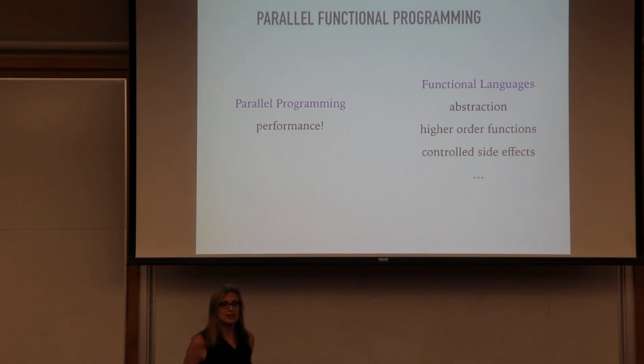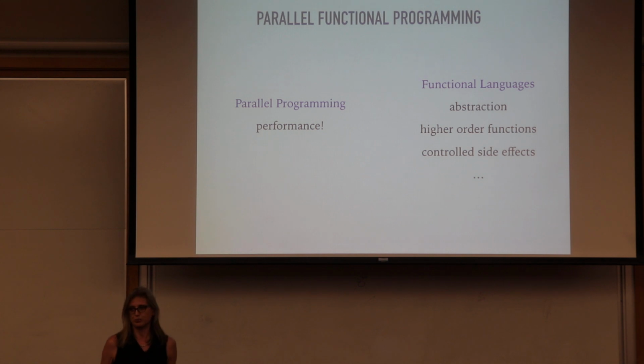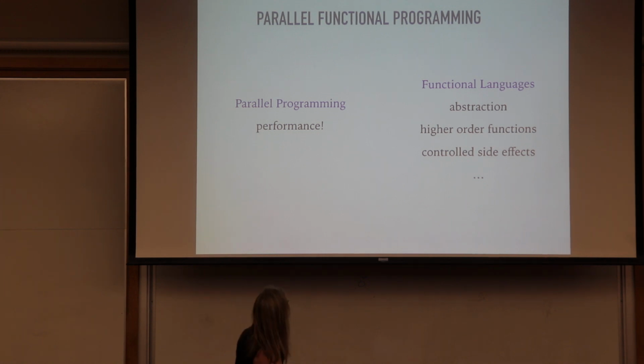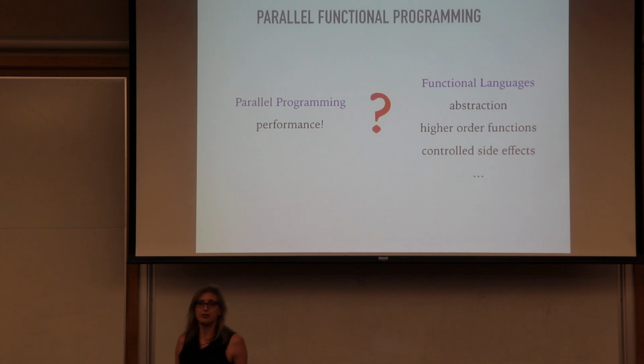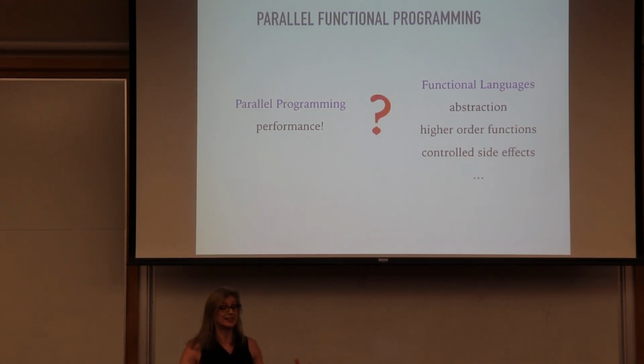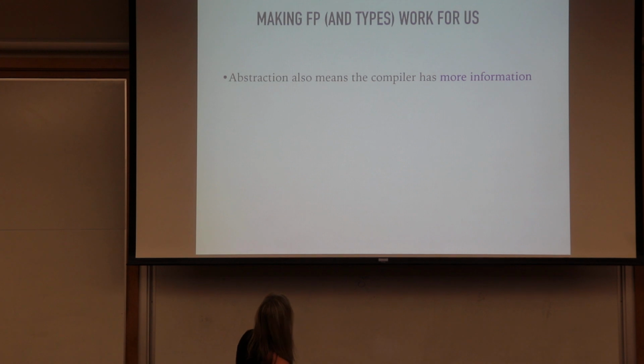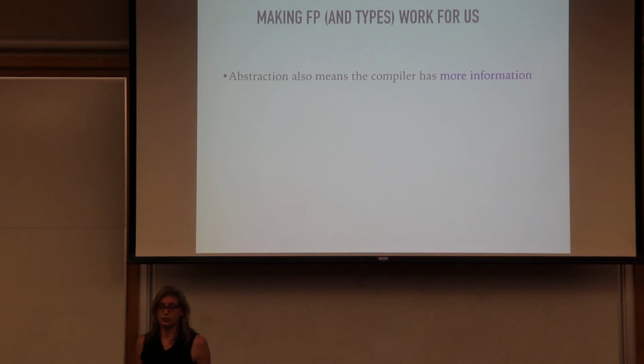The compilers are by now pretty good, and performance for most applications is not a problem. But if you really care about performance, functional programming is often a lot harder to deliver because of the high abstraction level, where there's a lot more work to do. So the question is basically, can we solve this problem? Can we get it to work for us?